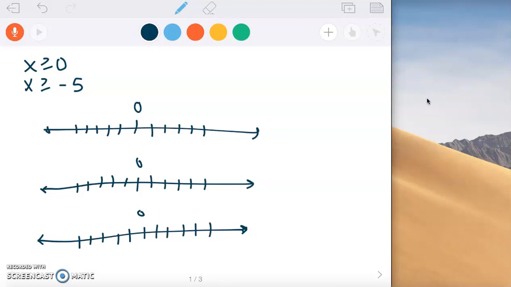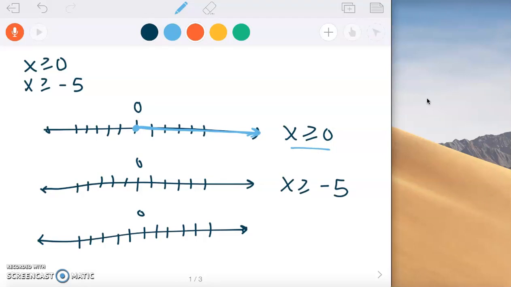Our first one here is x is greater than or equal to 0. That means we're including 0 with a big dot, and that covers everything on this side. Then we have x is greater than or equal to -5.